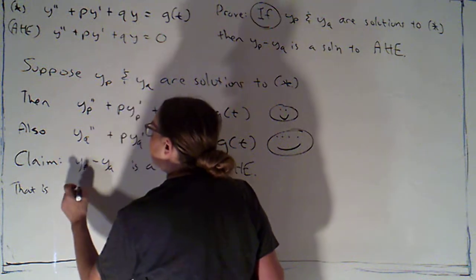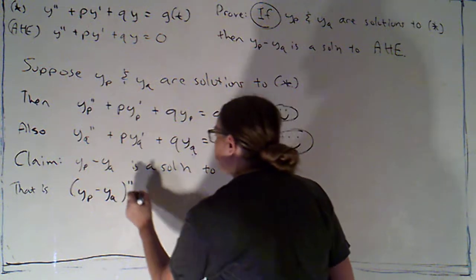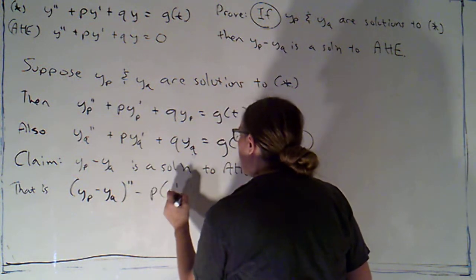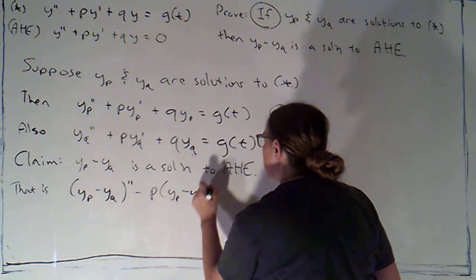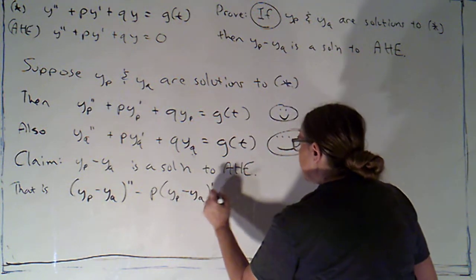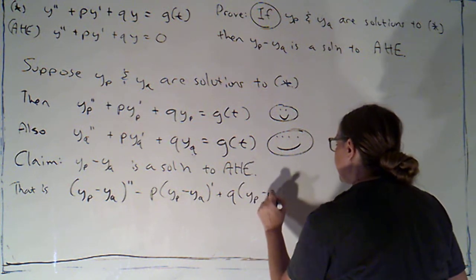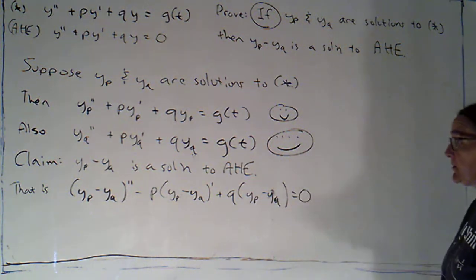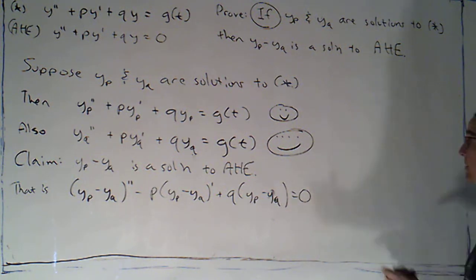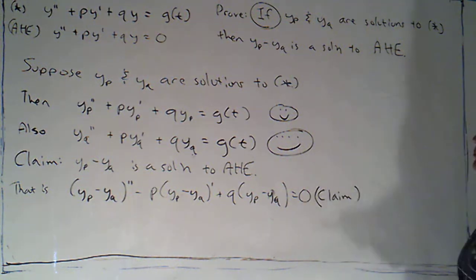That is that yp minus yq double prime plus p times yp minus yq prime plus q times yp minus yq would have to equal 0, because I'm supposing that this is a solution to the associated homogeneous. So that's my claim, just written as an equation.